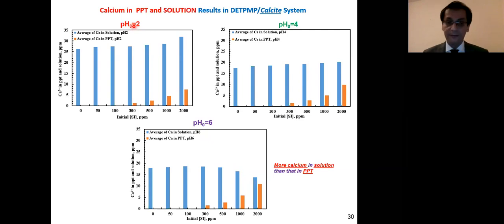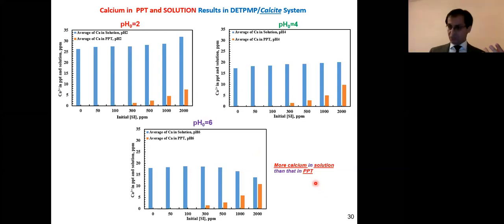That's why the average calcium in the solution is higher at pH 2 compared to the two other pH values. However, this system confirms that more calcium is left in the solution than in precipitation, which means we have an excess of calcium in the solution.